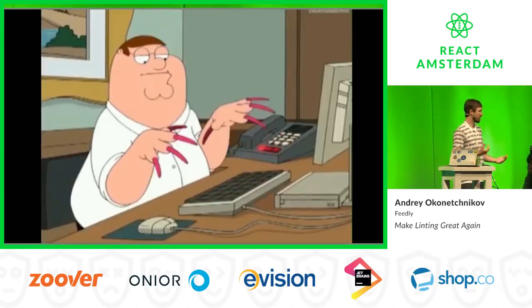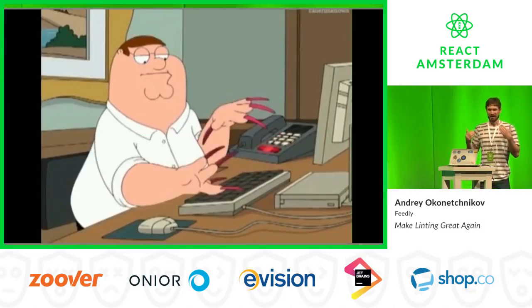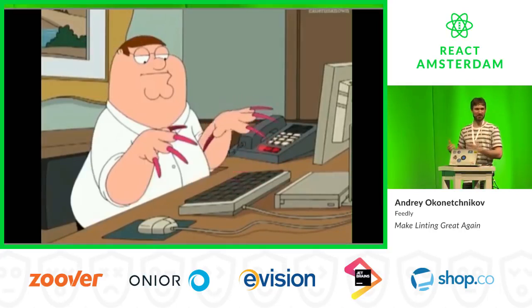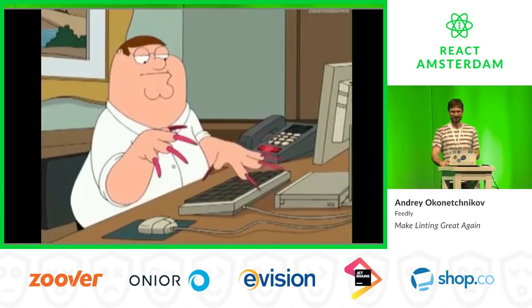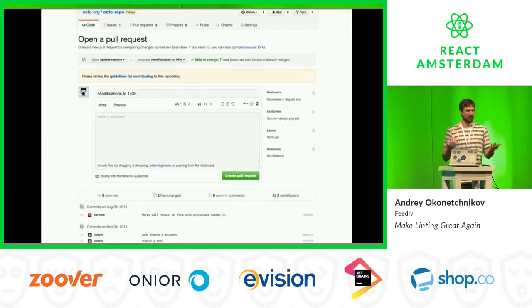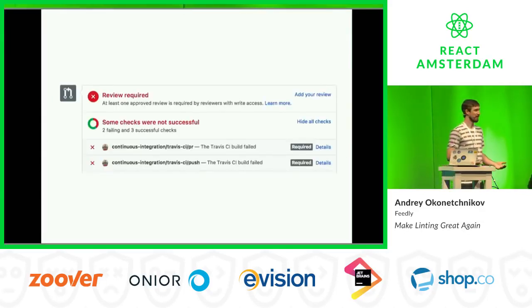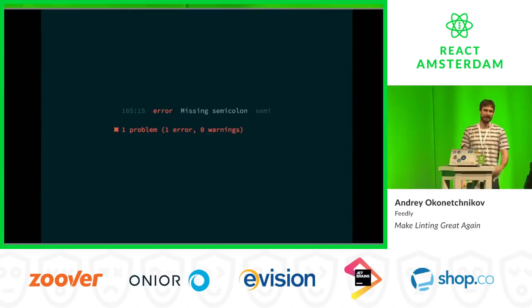Let's take a look at our usual code writing process, right? We write our amazing, stylish code. And the next thing we do, we open a pull request, and we push our code to the server just to find out that the build is failing, right? And it's, oh, I probably broke something. And then you go to Travis CI just to find out, oh yeah.